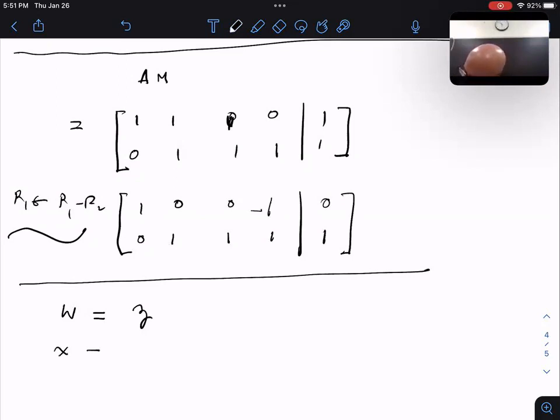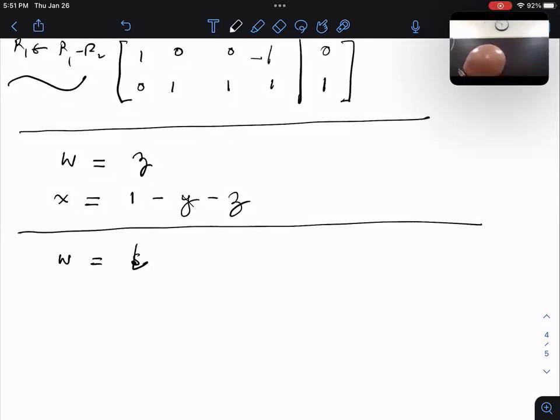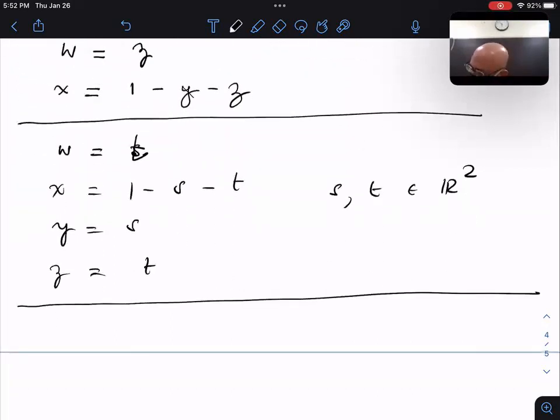No, X is equal to 1 minus Y minus Z, which means W is equal to T. X is equal to 1 minus S minus T. Y is equal to S. Z is equal to T. S and T are in R2. Right? This is obvious from our understanding of linear algebra.